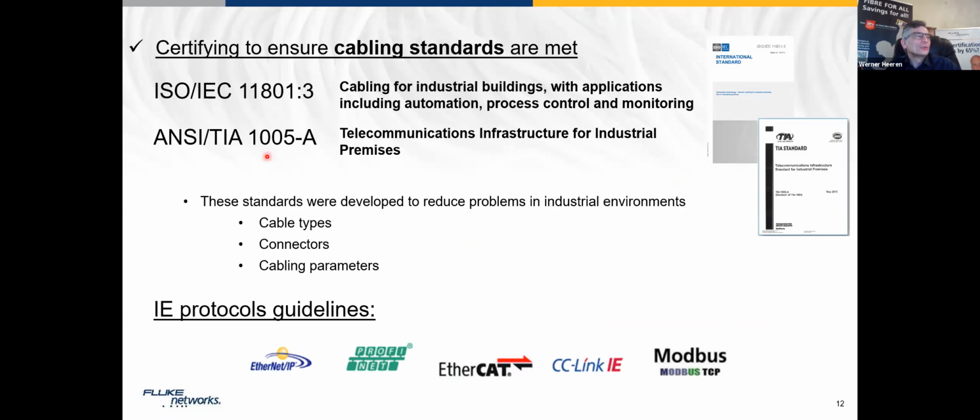So Mohammed explained to you the TIA 1005A for industrial environments, where we are used to the TIA Cat6A standard. Similar parameters, but slight differences for industrial environments because of different connectors, different cabling parameters, different cable types, and then the protocols running on top of it.